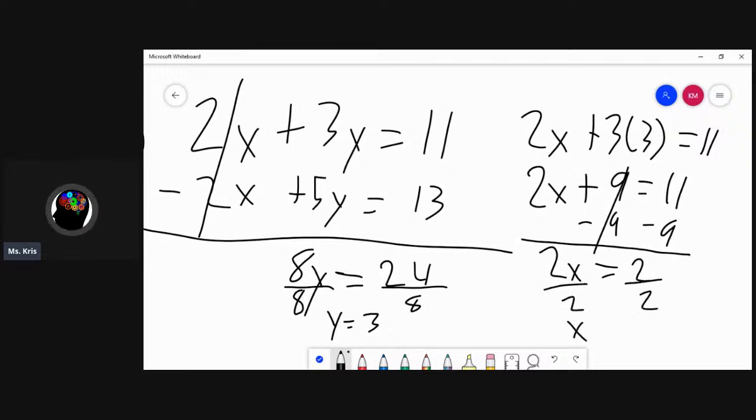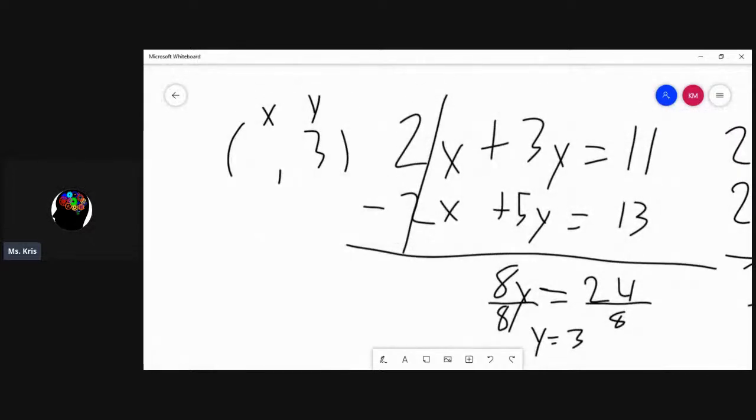Divide by 2 on both sides, and x equals 1. So now my answer is 1, 3.